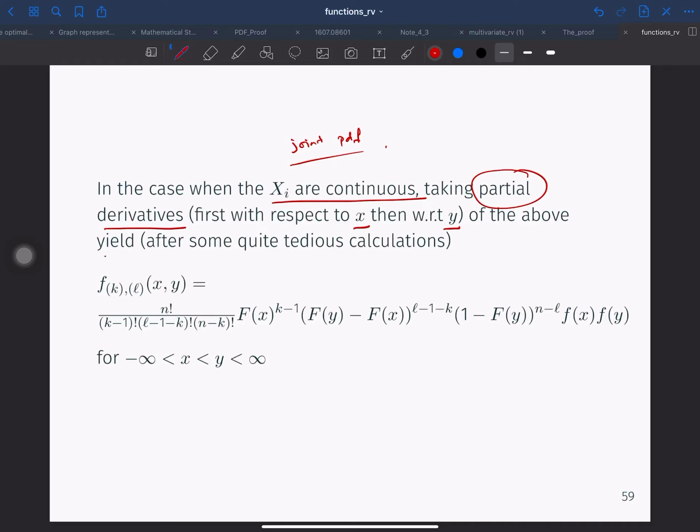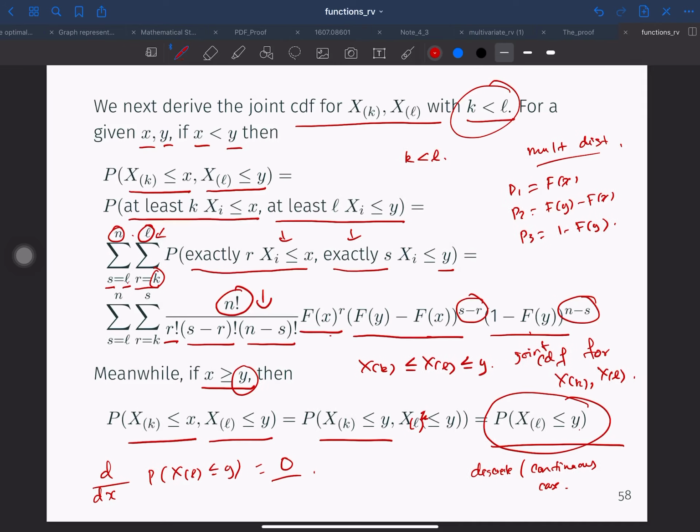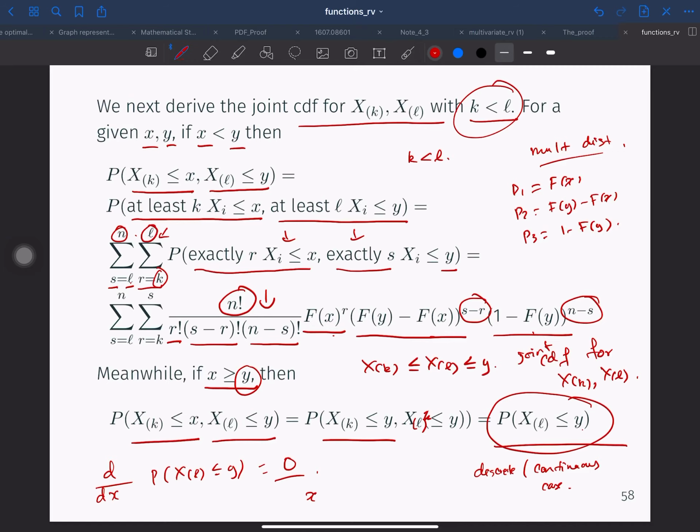So if we take the derivative of the probability that Xl is less than or equal to y with respect to x, that's going to be 0. Therefore, we need the constraint that x is less than or equal to y in the joint PDF.